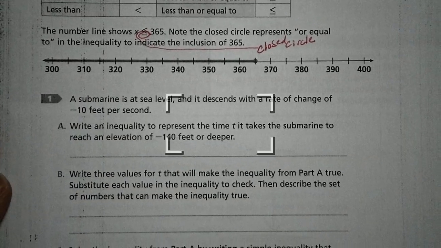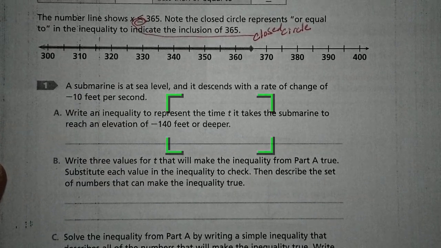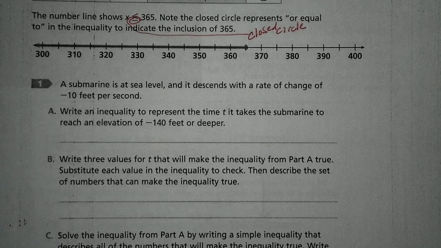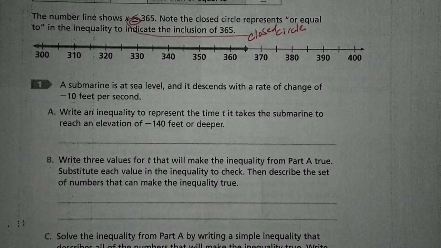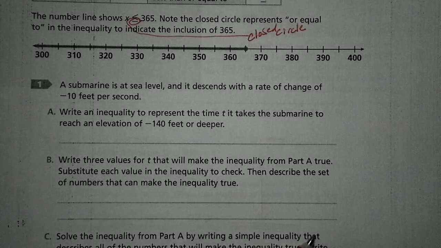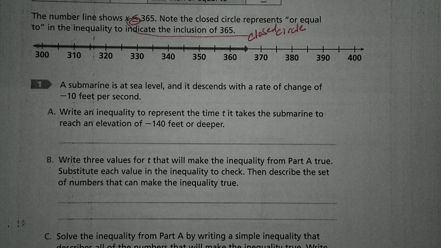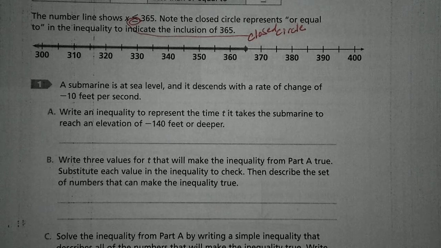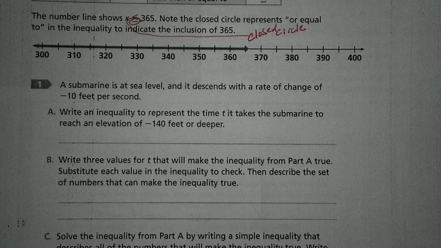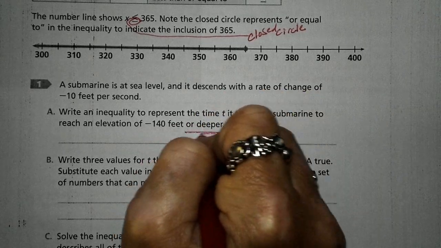All right. So a submarine is at sea level, and it descends with a rate of change of negative 10 feet per second. Write an inequality to represent the time t it takes the submarine to reach the elevation of negative 140 feet or deeper.